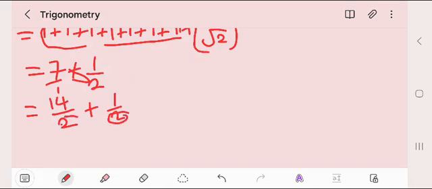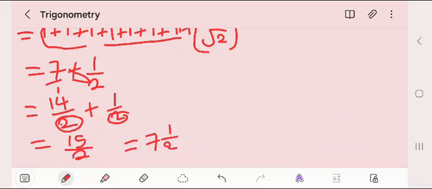As you can see, denominator is the same. You add the numerators. You have 15 over 2. So we'll have 15 over 2. So in mixed fraction, you can write this. Also, this is the same as 7 and 1 over 2.